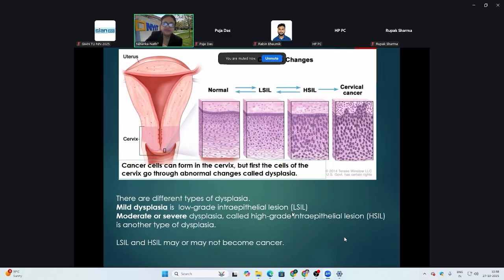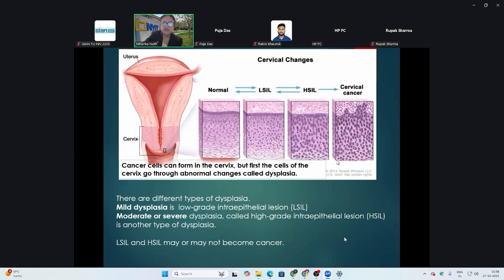The last stage, when it becomes cancerous, is when it breaks open the basement membrane and starts to extend out. These cells develop mutations such that they can extend into other locations. Therefore, if we can stop it at the early stage, then we can prevent the cancer from taking place.